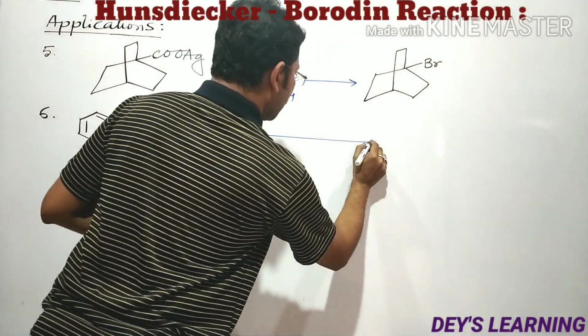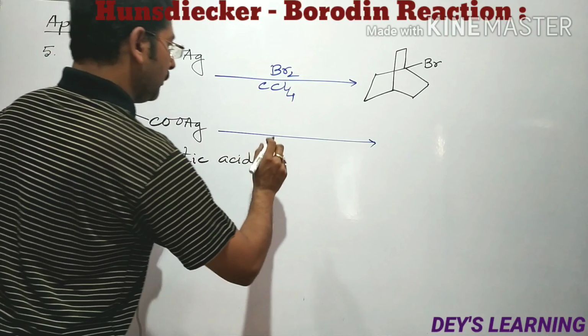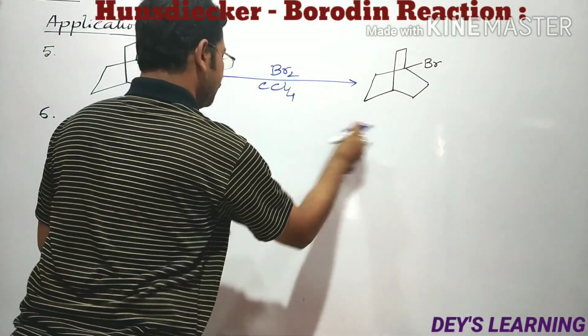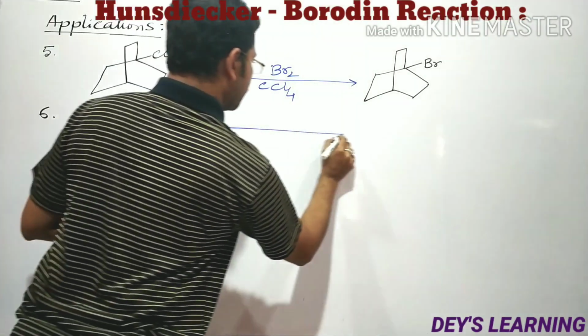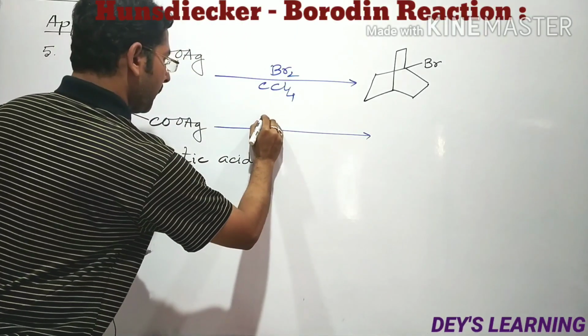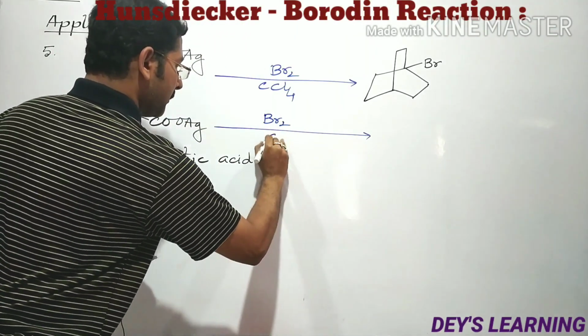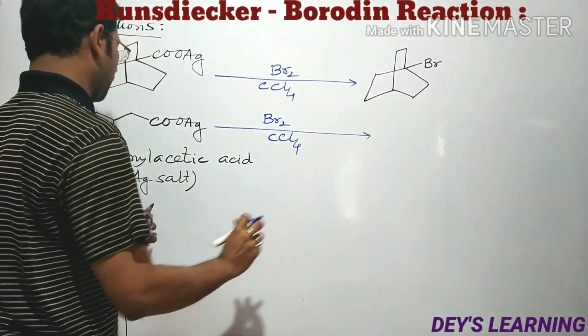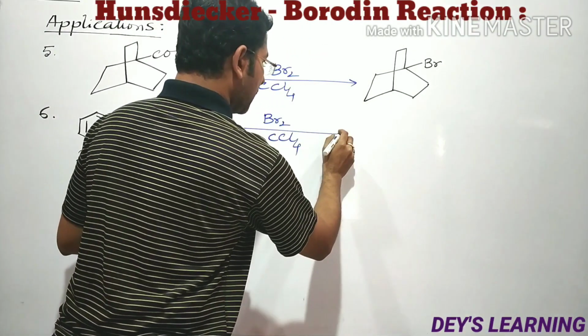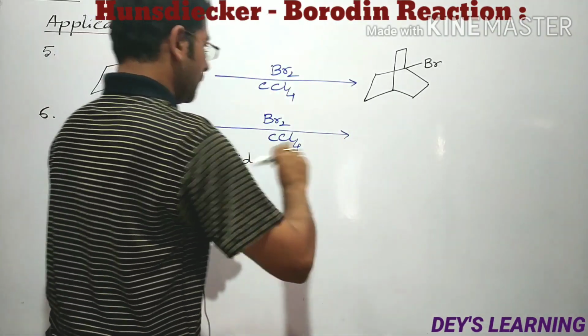If you treat this molecule by bromine in CCl4 medium, you will get the product like this one.